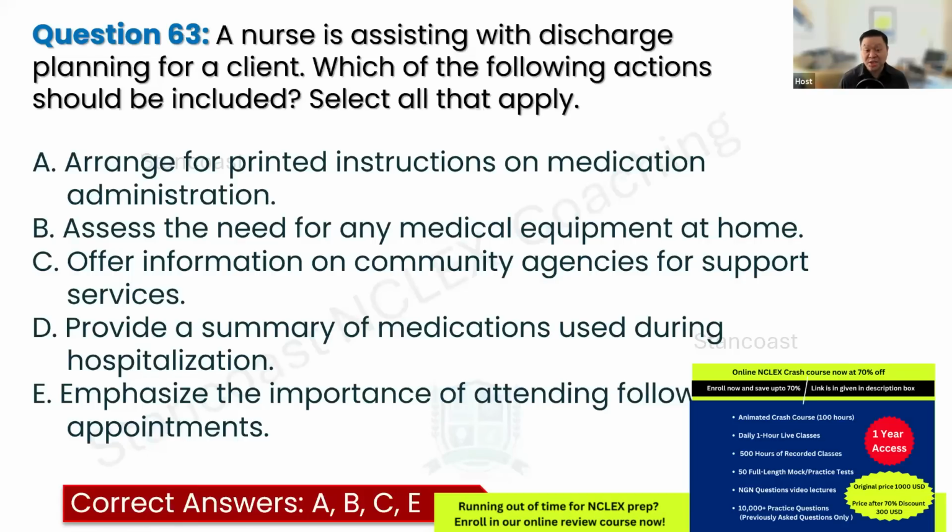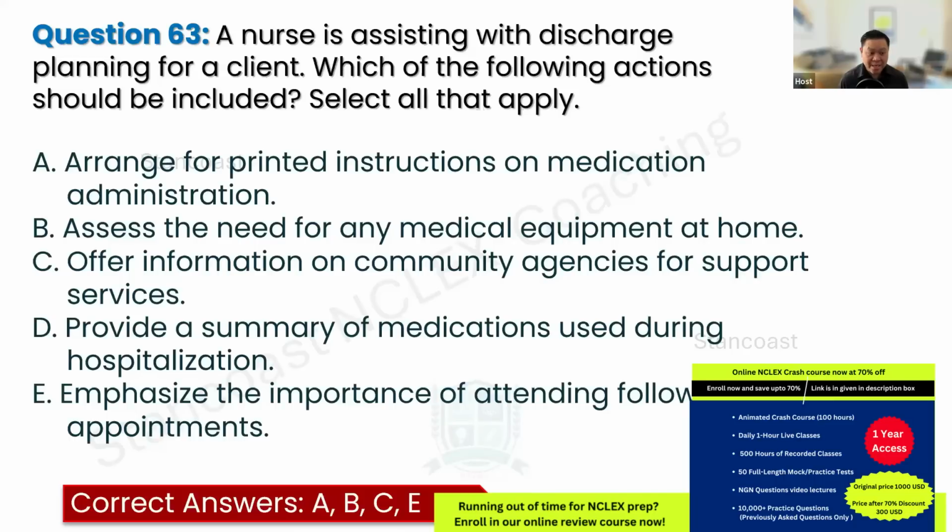A. Written instructions on the medication use will help ensure that the patient can do proper self-administration at home. Letter B is also correct because evaluating the need for the medical equipment can help in continuity of care and also the client safety after their discharge. Now, letter C is also correct. The information on community resources connects the clients with supportive services if needed.